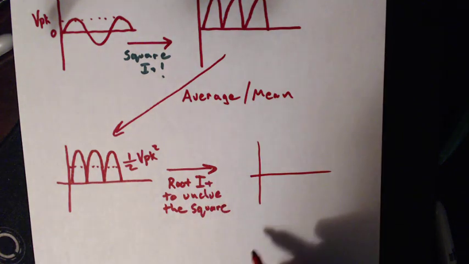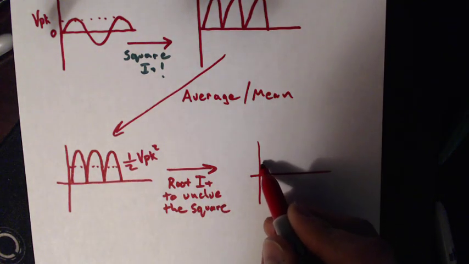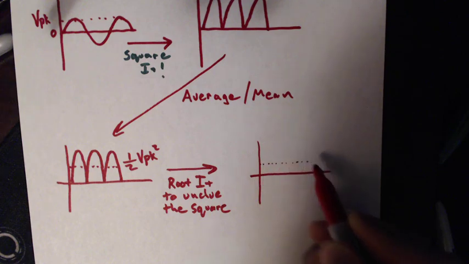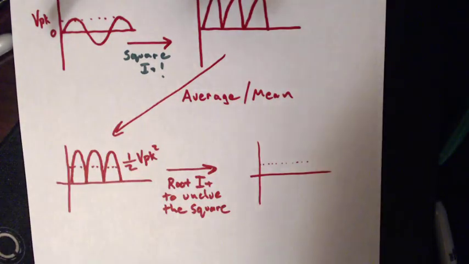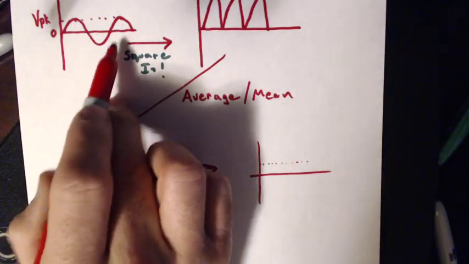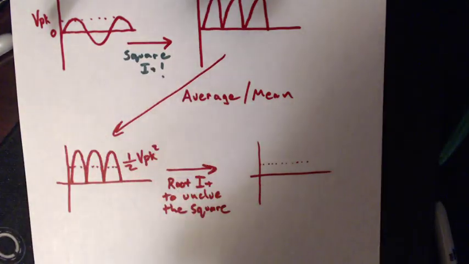Once you've done that, now you're going to get a smaller value that's actually representative of the average of your original AC.